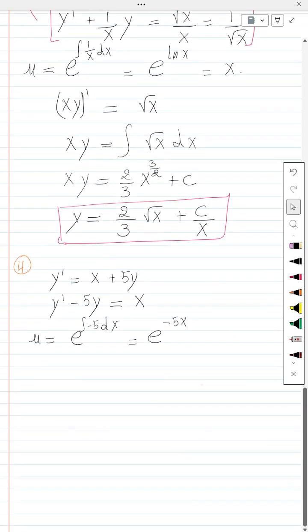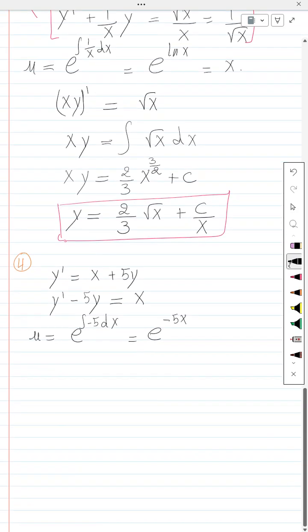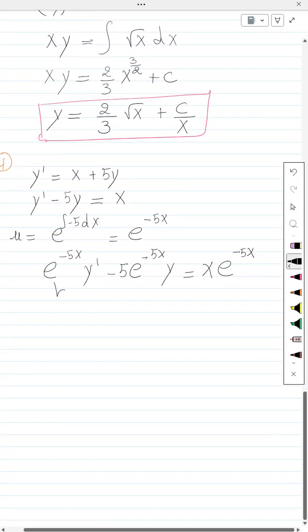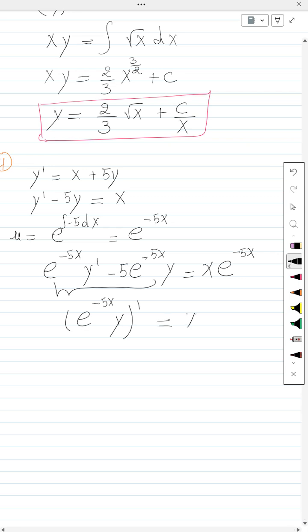When we multiply this equation by mu, we are going to obtain exponential minus 5x y prime minus 5 exponential minus 5x y is going to be equal to x exponential minus 5x. So right here in this part, it is the derivative of the product of two functions, which is exponential minus 5x times y, all prime, going to be equal to x exponential minus 5x.